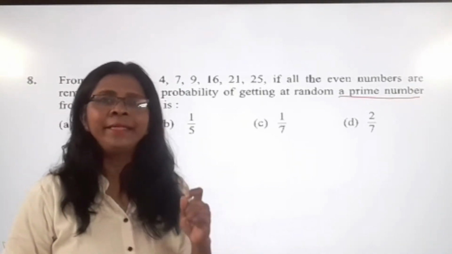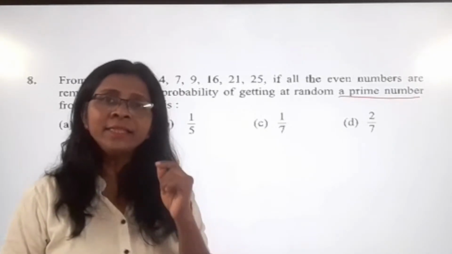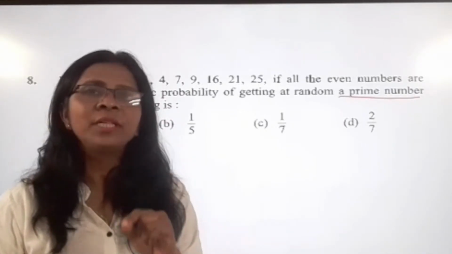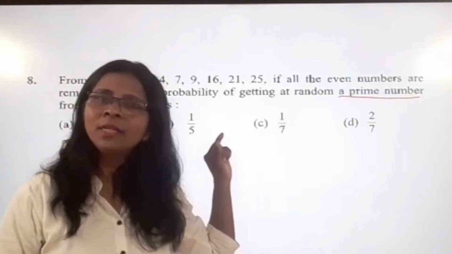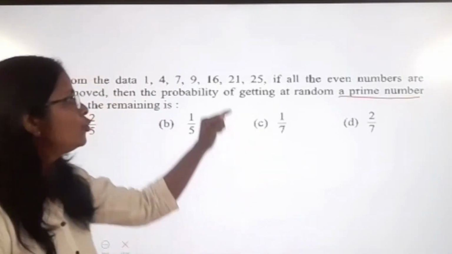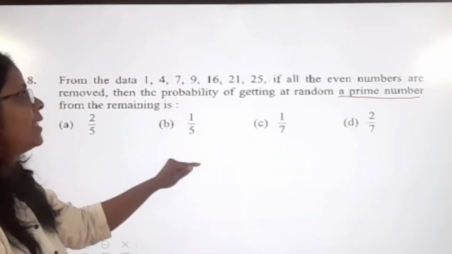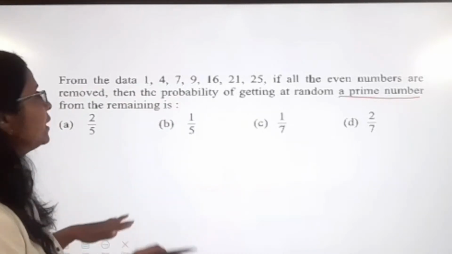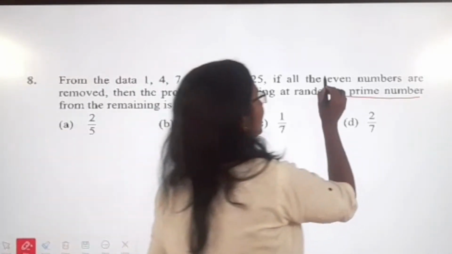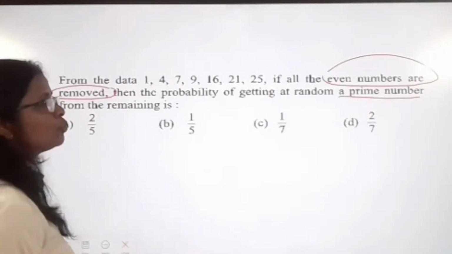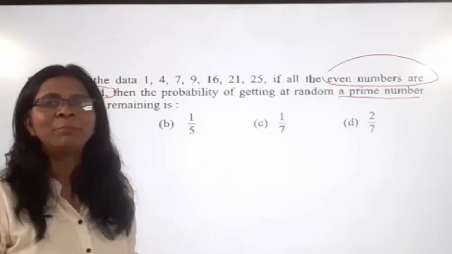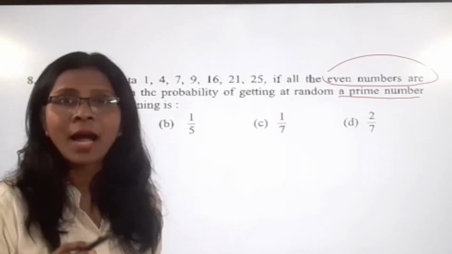We have to get the outcomes by the given condition as per the information given in the example. So in the example they say removing even numbers, and that will be, students, the sample space, the outcome.